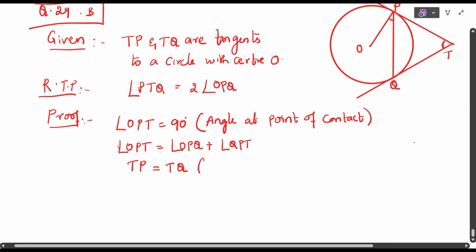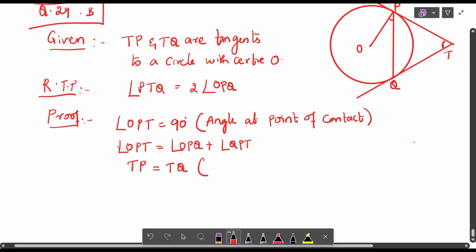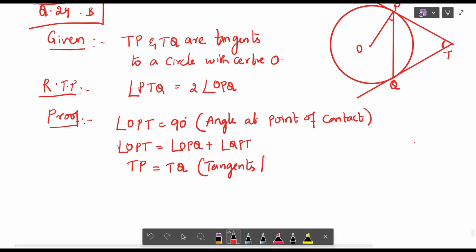These two tangents will be equal. Why? Because tangents from an external point are equal. You have to write the reasons also. So TP and TQ are equal.